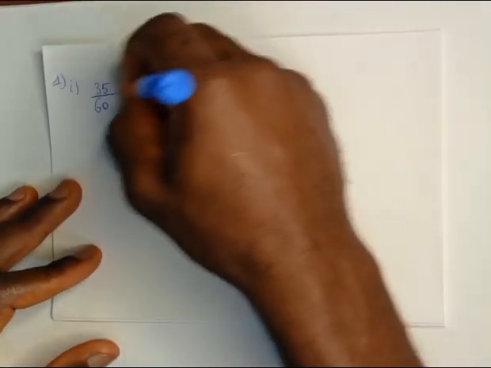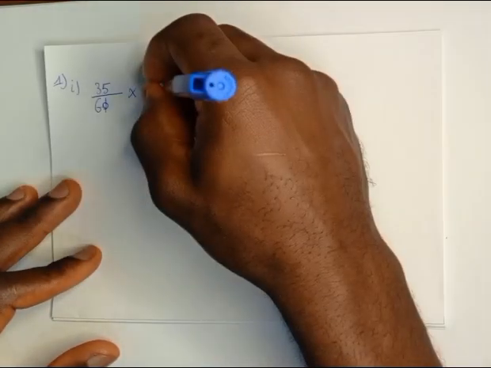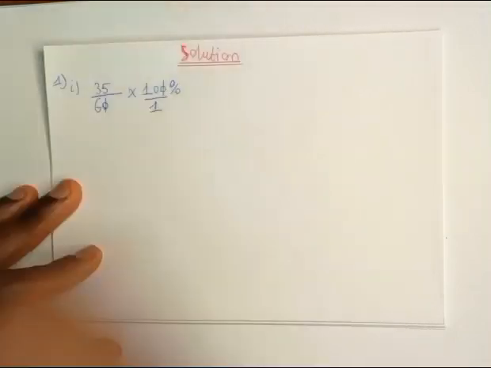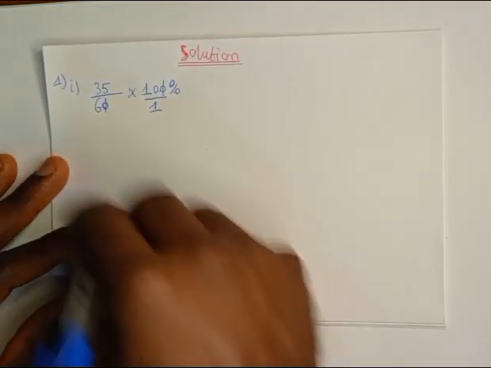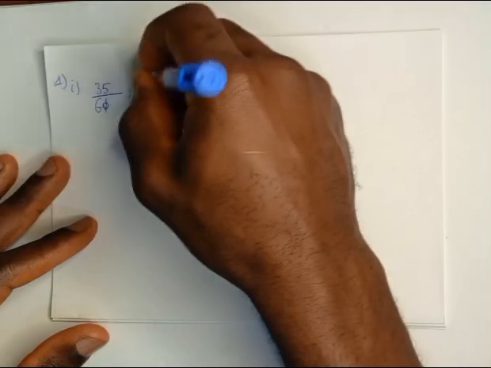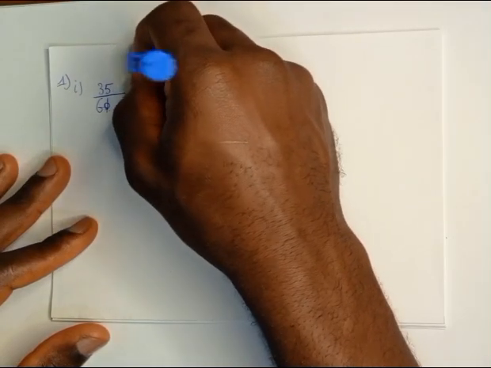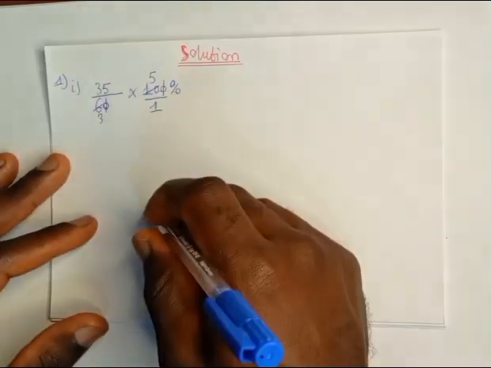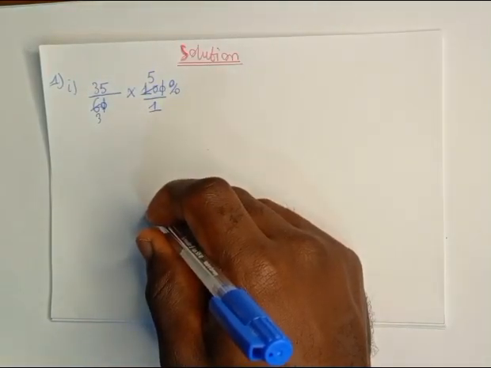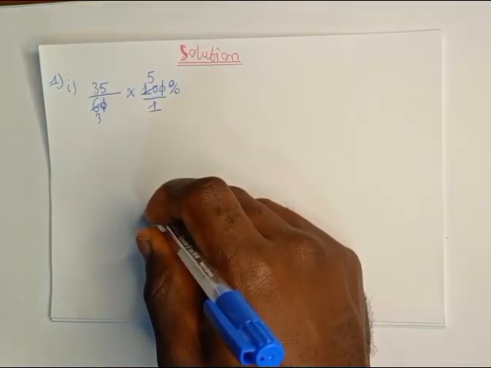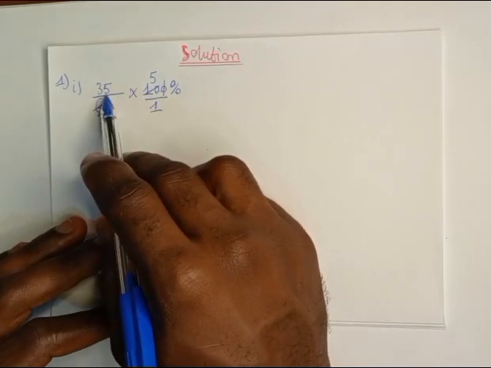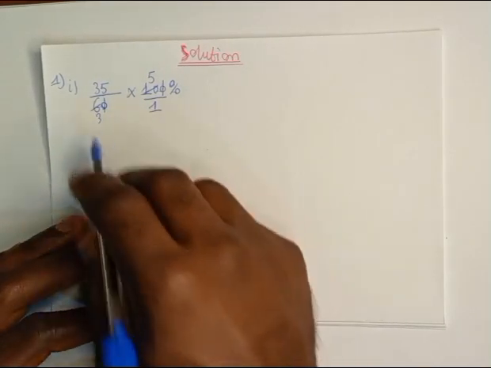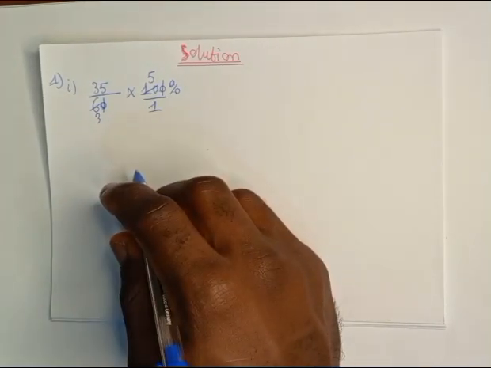10 will go into 60 6 times, 10 will go into 100 10 times. 2 will go into 10 5 times, 2 will go into 6 3 times. We'll be left with 35 times 5 all over 3.